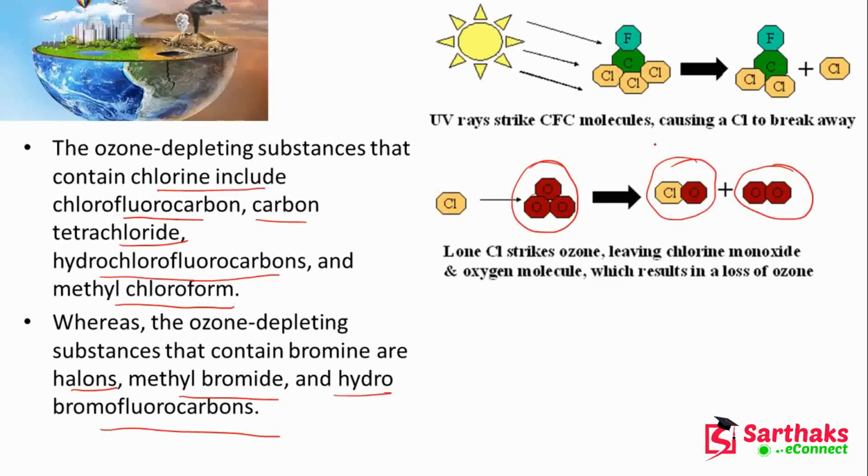So chlorine reacts with O3 and creates chlorine monoxide and also O2. Here you can see the O3 has been divided, so there is a loss of ozone.